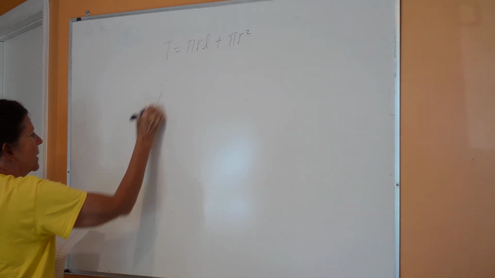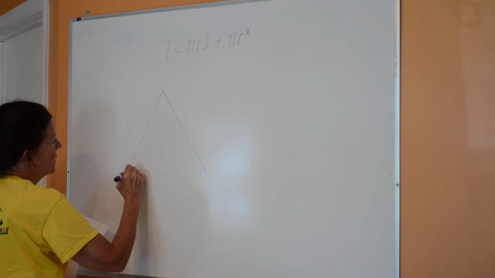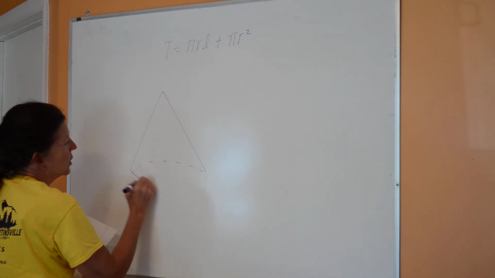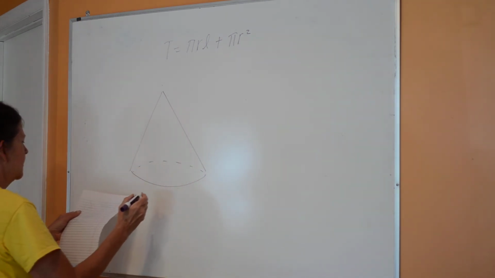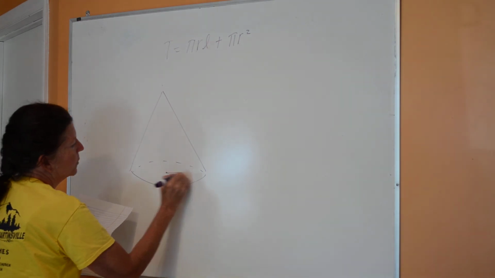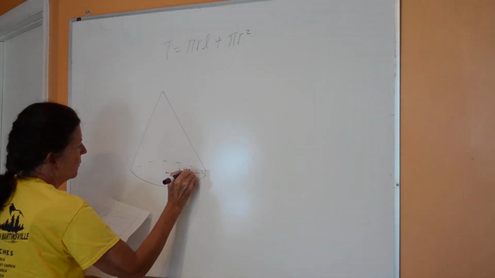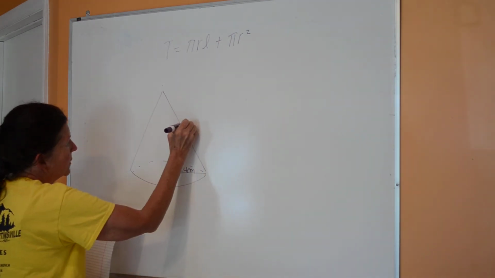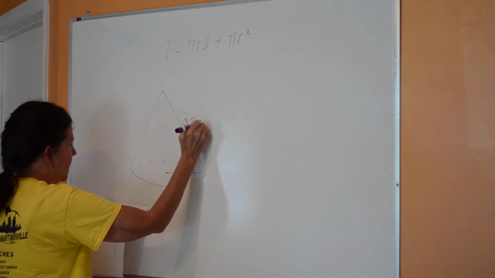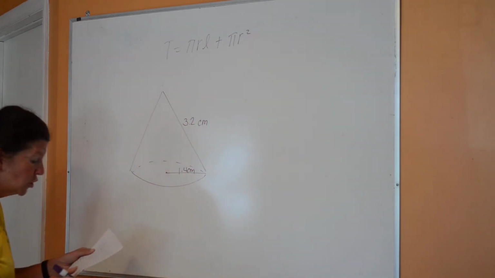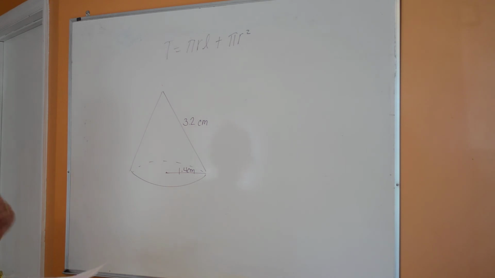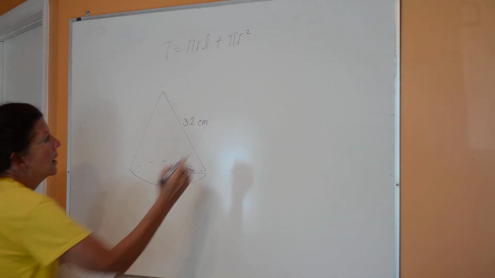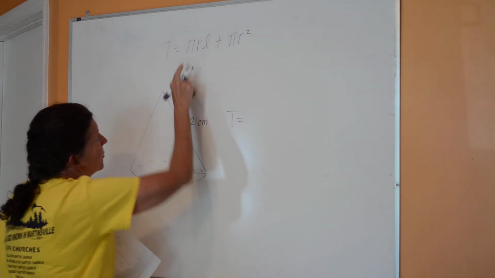Why don't you try this one and then come back to the video and make sure you got the right answer. I've got this cone. I know that the radius of the circle is 1.4 centimeters, and I know the slant height is 3.2 centimeters. Find the total surface area. Again, I'm just plugging into the formula.